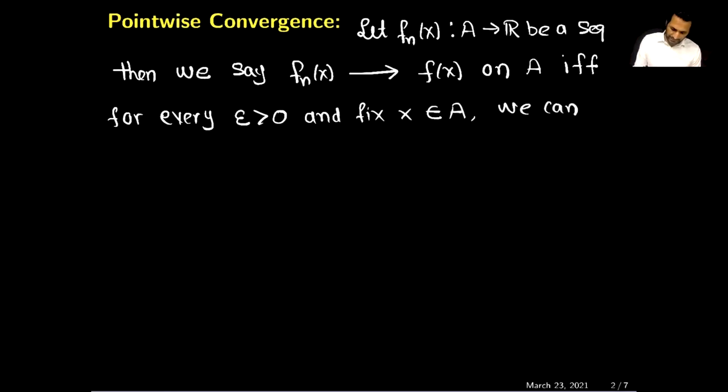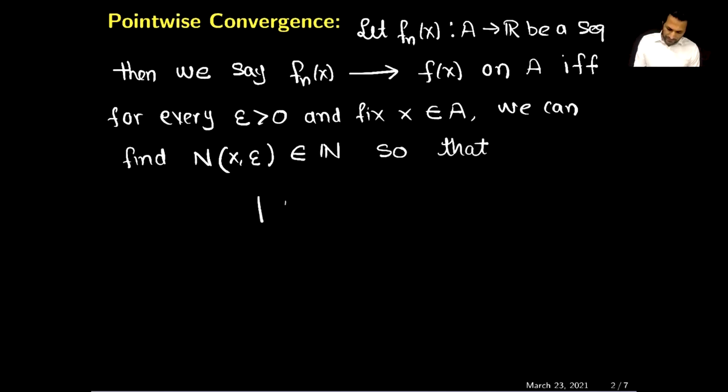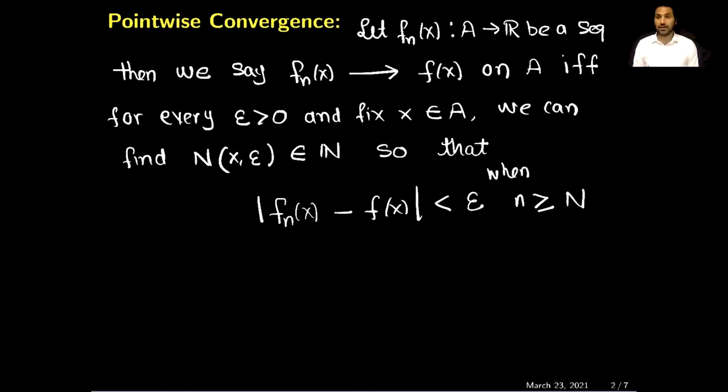we can find a capital N. This capital N can depend on x and epsilon, and this capital N is a natural number, so that the distance between the sequence and its limit must be less than epsilon, this given number epsilon, when n is bigger than or equal to capital N. So when we take n bigger than or equal to capital N, the distance between the sequence and its limit must be less than epsilon.